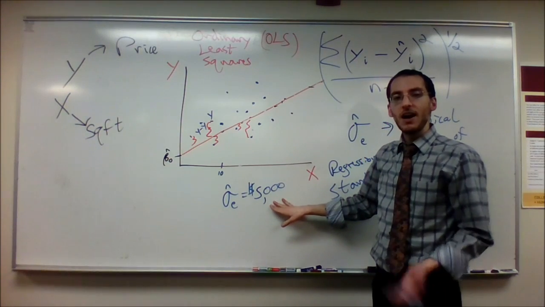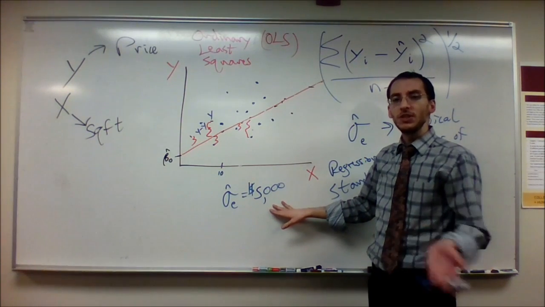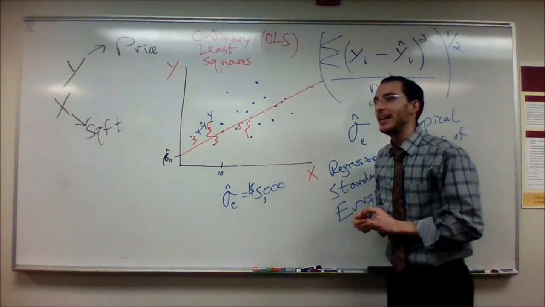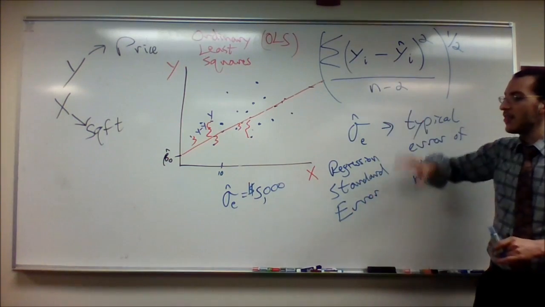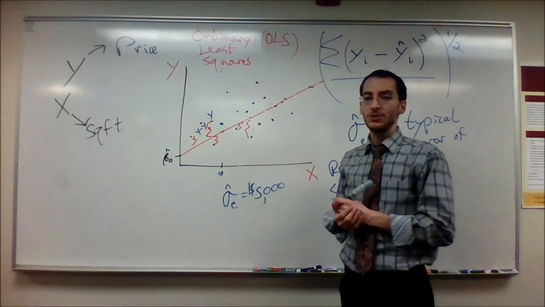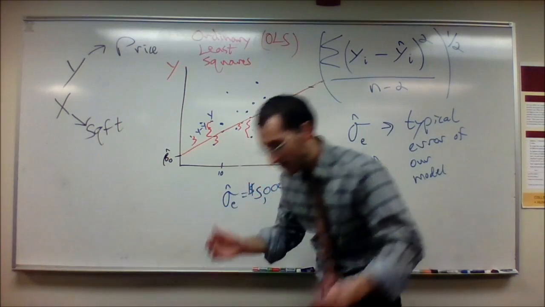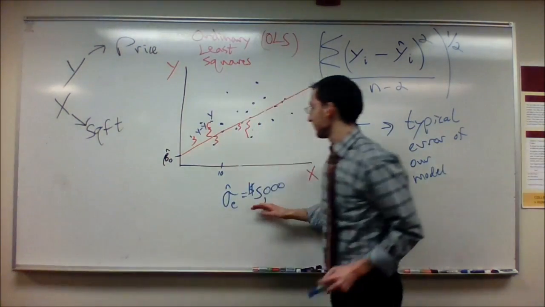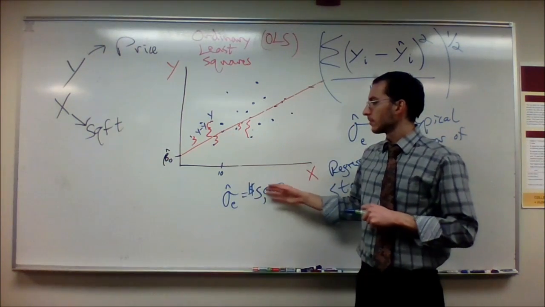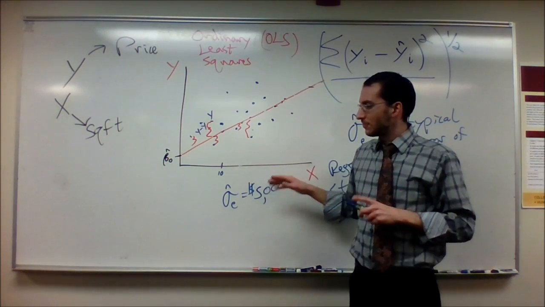You could think of it as, on average, the residual is $5,000. It's not technically that because of the math, but in how we talk about it, that's just fine. So that's all this is.